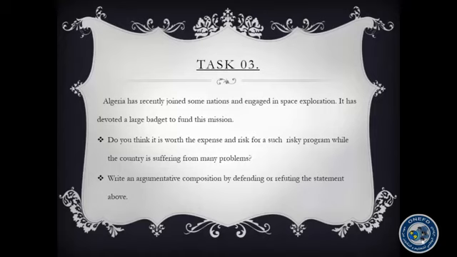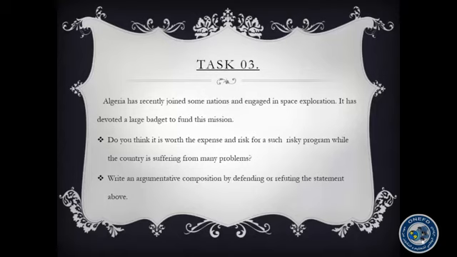You are going to defend your opinion if it is for, or refute the statement if your opinion is against such an idea of having a large budget to fund the mission to space exploration by Algeria.